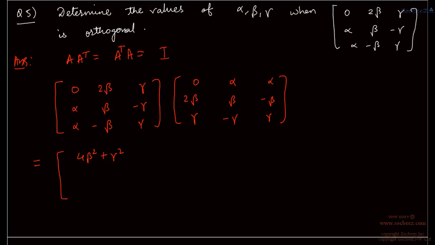So the next one is 0 into alpha plus 2 beta into 2 beta, that's 2 beta square minus gamma square. Right. The next one is gamma square minus 2 beta square. Right. And then we have alpha 2 beta, again 2 beta square minus gamma square. The next term is alpha square plus beta square plus gamma square.